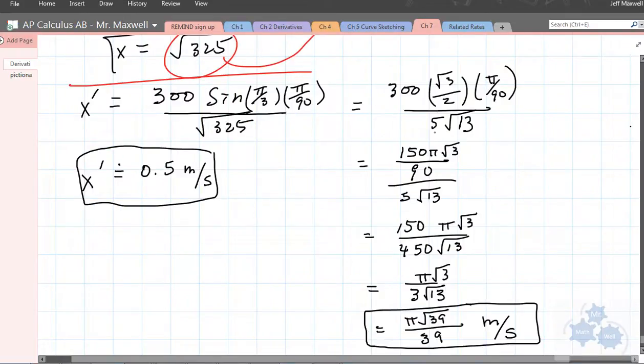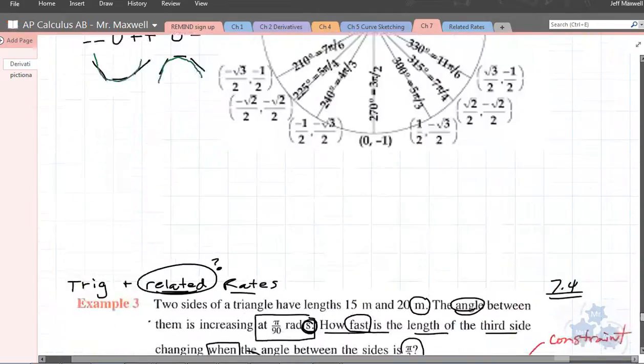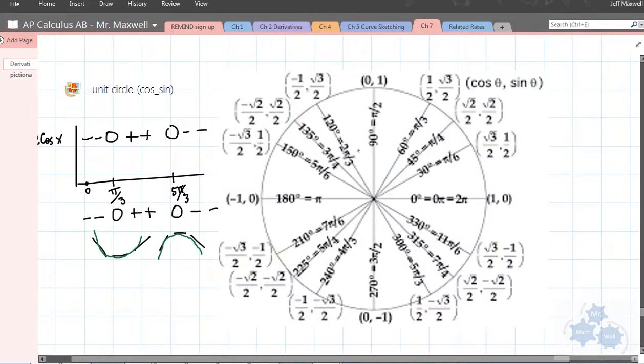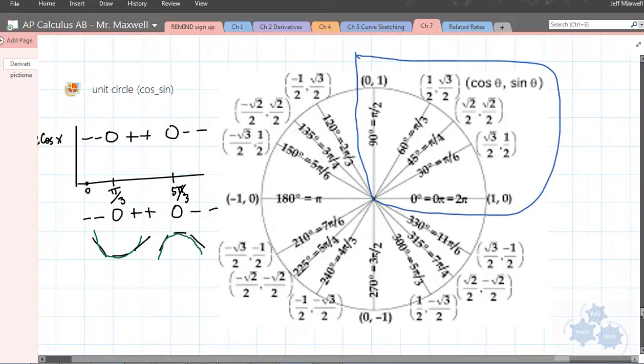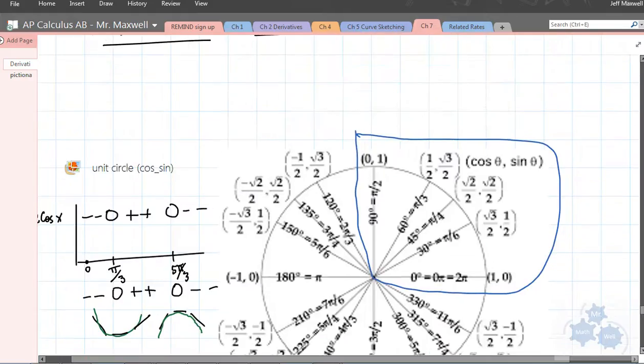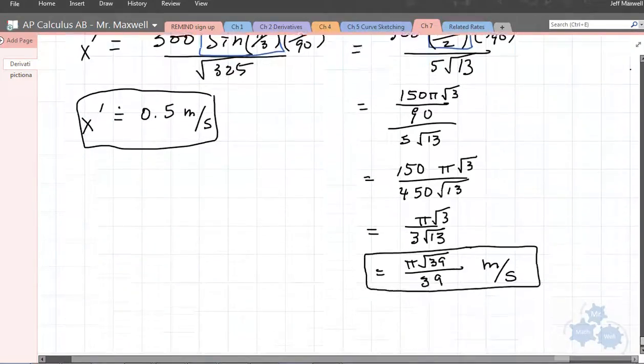Here on the side, this is how you would work this out to give an exact answer, which is ideal. In calculus, exact answers with radicals are ideal. One thing you want to be aware of is that sine of pi over 3 is root 3 over 2. You can get that from the unit circle. You should have the unit circle memorized, at least the first quadrant. If you get a cue card for your test, you can use that, but you should really have it memorized.